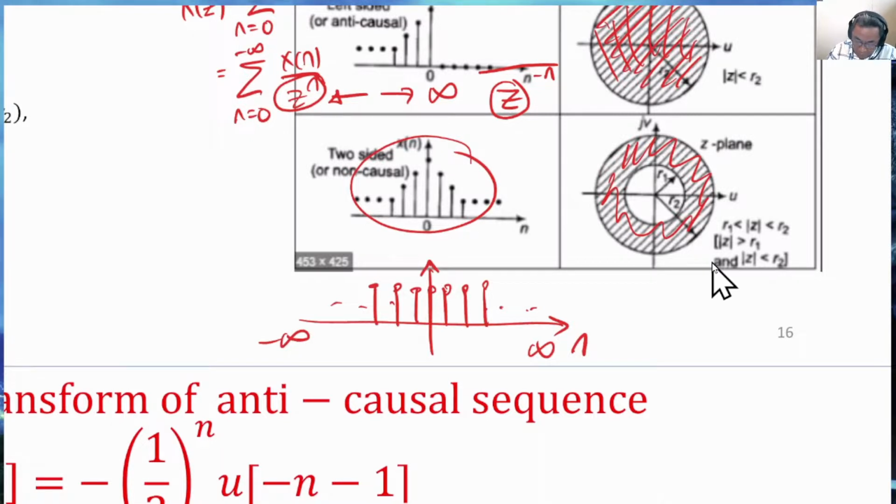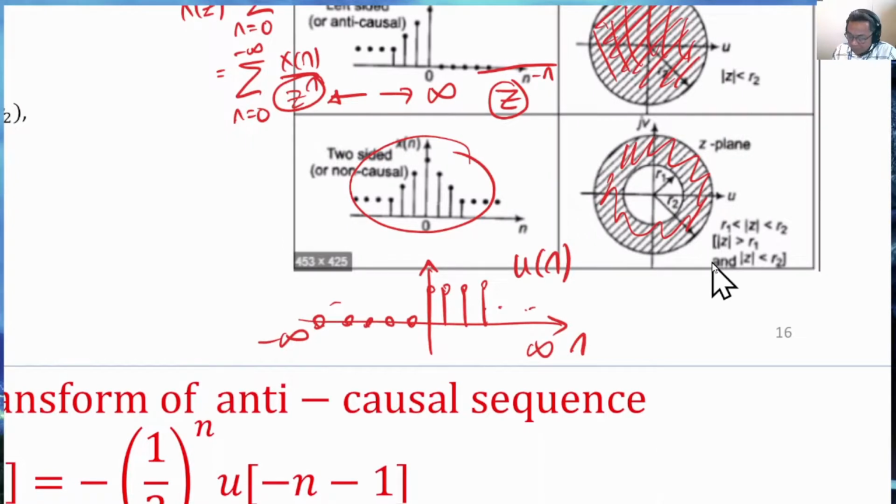However, of course, in most practical cases, we ignore the anti-causal part, saying that when n is less than 0 the signal is zero, and we examine whether this signal, which is the step function, is Z-transformable or not. And in this case, of course, it exists.